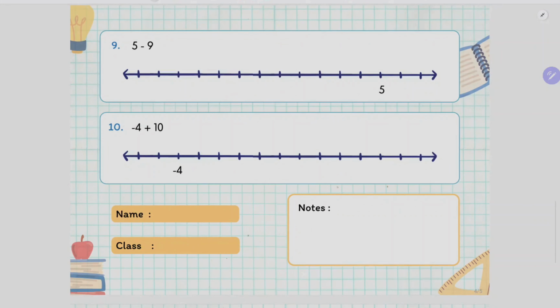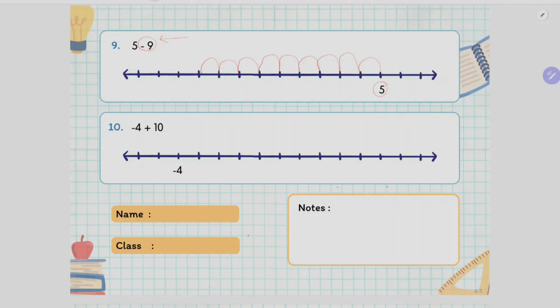So we'll do these two together, and these are the final two. So we're on 5 take away 9, and remember, if it's a negative number, we move to the left. So let's count 9 jumps. 1, 2, 3, 4, 5, 6, 7, 8, 9.